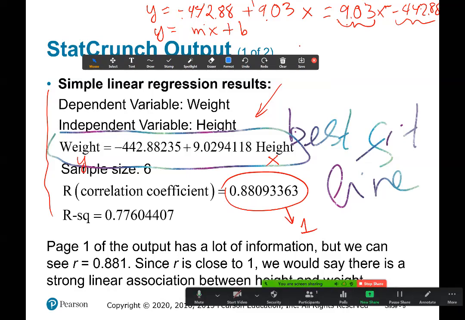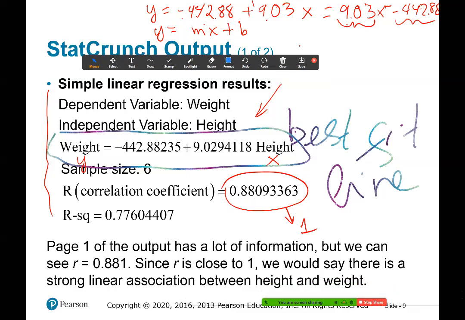So there is a relationship between the height and the wage. You can see the correlation coefficient is close to 1, and it goes up, so it's a positive trend.